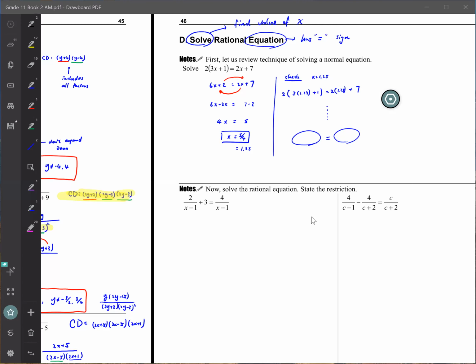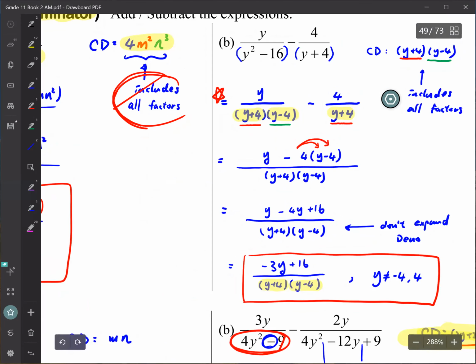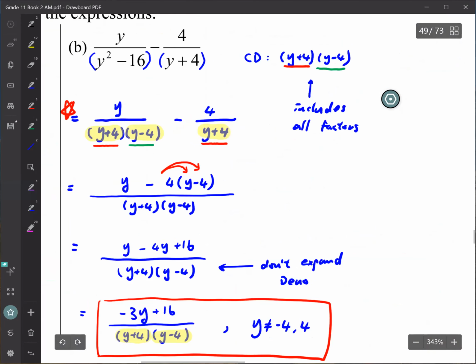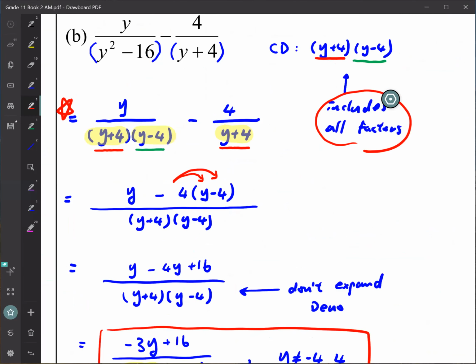All right, so to get the common denominator, you want to make sure it includes all the factors. Right, so even though the denominator has 3 parts, we only need 2, because 2 is enough to cover all the factors. So let's look at the question we want to do here.